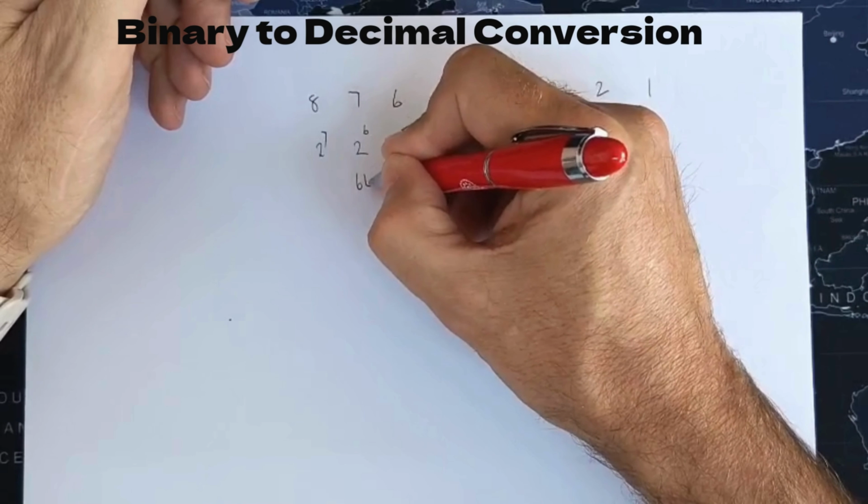And 64 will leave me with 20. Next one is 32. Can 32 be deducted off 20? No, it can't. Can 16? Yes, it can, leaving me with 4. 8 can't. 4 can, leaving me with 0. And that is converting my decimal number to binary.